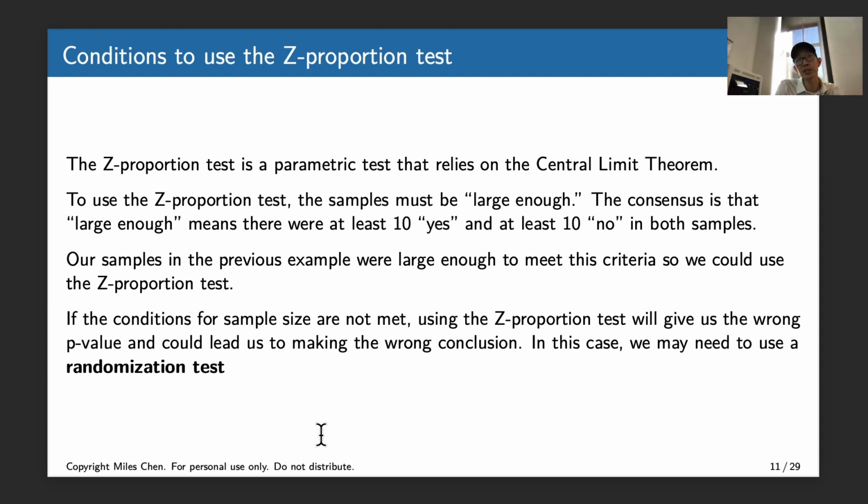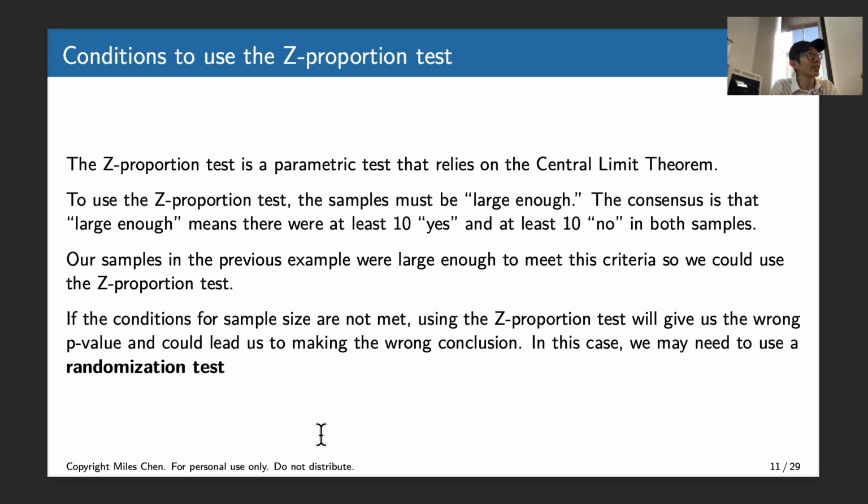General consensus for large enough means you need at least 10 yes responses and 10 no responses in all the groups that you have. And so here we had 150 students in stats. 75 basically answered yes and 75 answered no for the question, are you an international student?